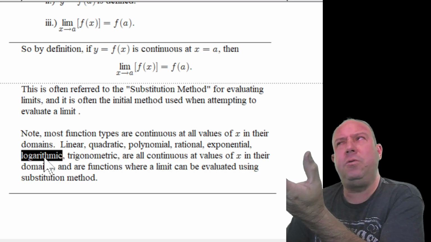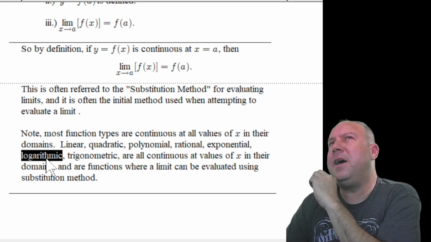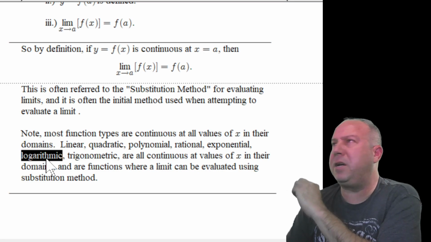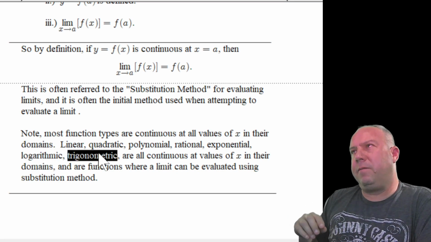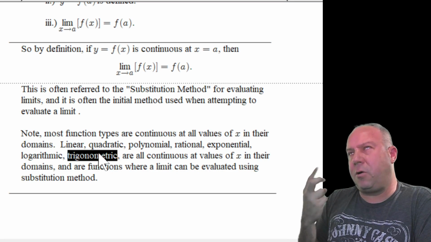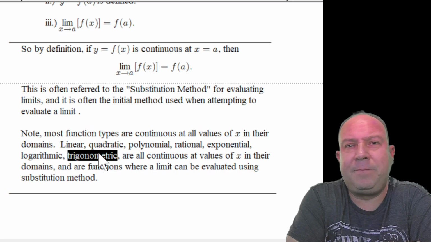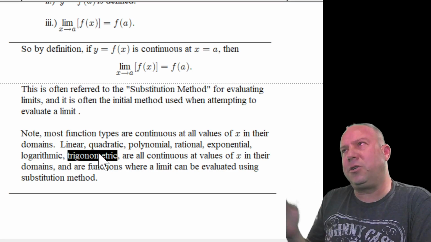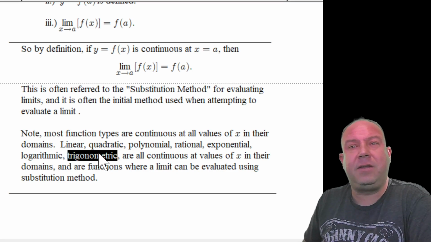Logarithmic functions don't. For a logarithmic function, the input always has to be bigger than 0, remember? There are also the 4 trigonometric functions, the cotangent, the tangent, the secant, and the cosecant, that have domain limitations on them. But as long as you're within the domain, you can evaluate them using the substitution method.